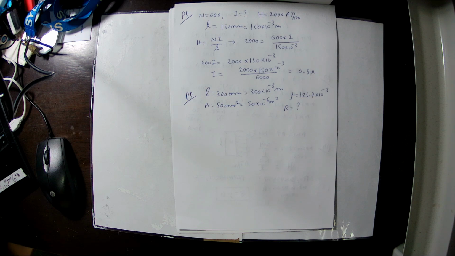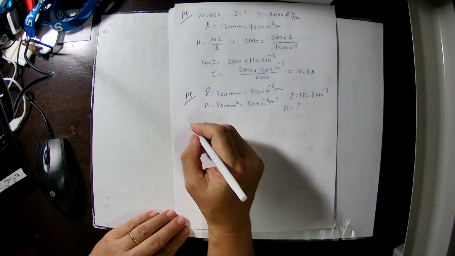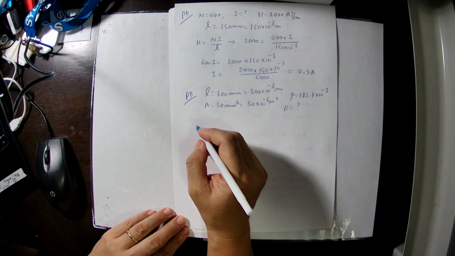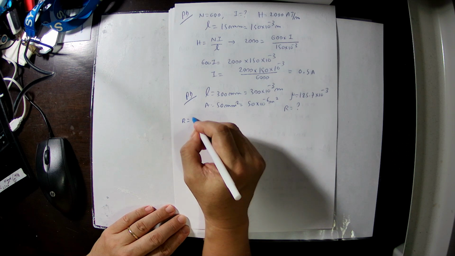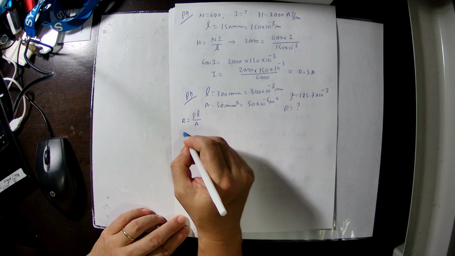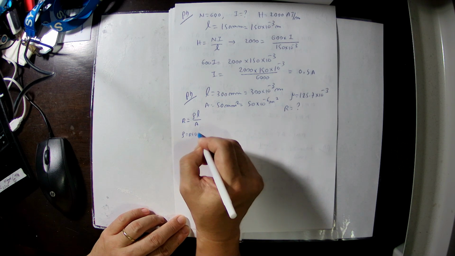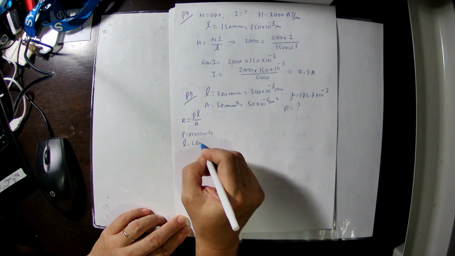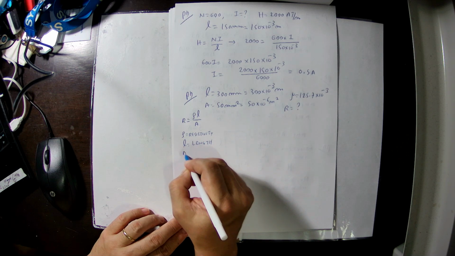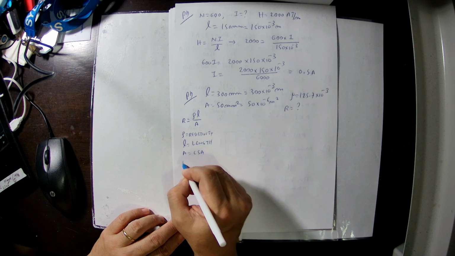So in this case we can calculate the reluctance equation. They are resistivity and permeability. This is the resistor. Resistance can be calculated as rho L by A. Rho is resistivity, L is length, A is cross-sectional area, and R is resistance.